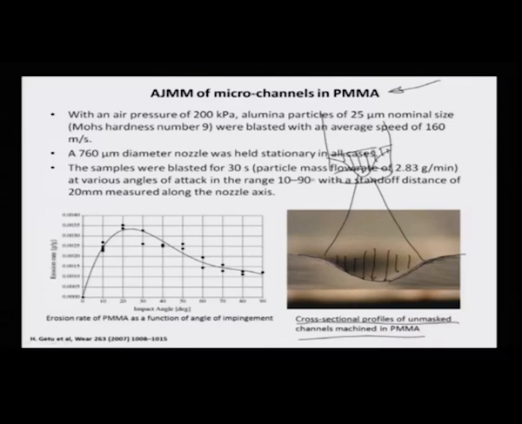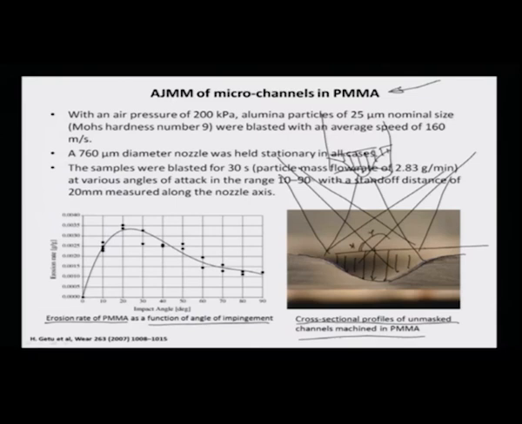What is also important for me to share is the erosion rate of PMMA as a function of the angle of impingement. Supposing the jet were to turn between, let's say, angle x to angle y, there is a variation in the erosion rate, and the erosion rate here is given in gram per minute.